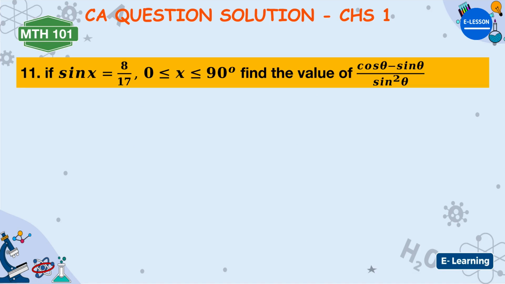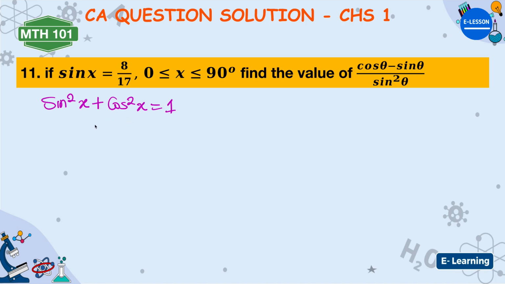Still the same question. The next question says sine x is 8 over 17 within the interval 0 is less than or equal to x and x is less than or equal to 90. Find the value of this. Now, my dear student, there is a trigonometric identity that says sine squared x plus cos squared x is always equal to 1.